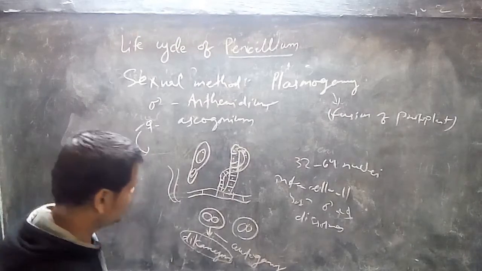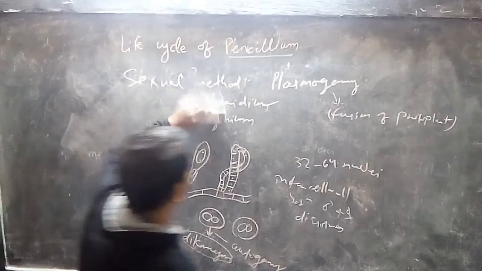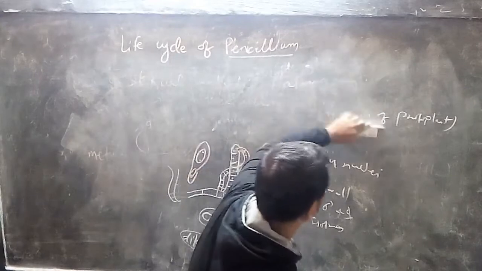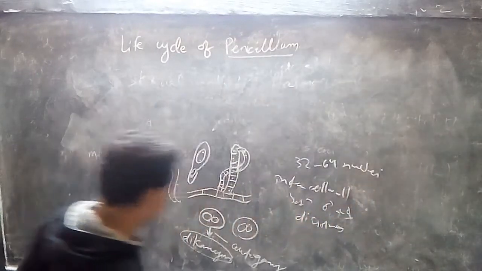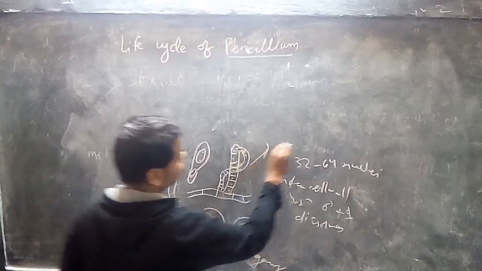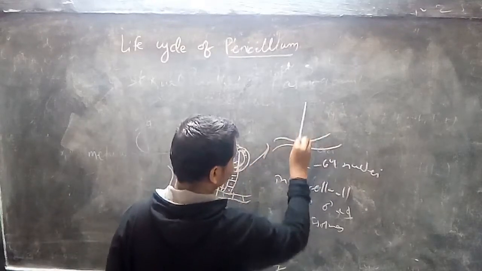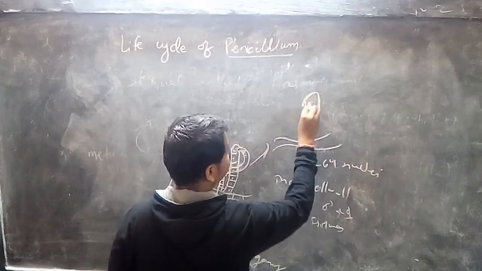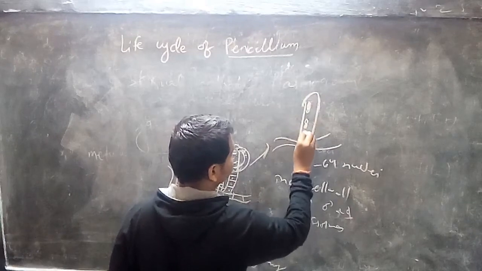Okay. Now what happened? This dikaryon is present inside the ascogonium. This is the dikaryon stage.